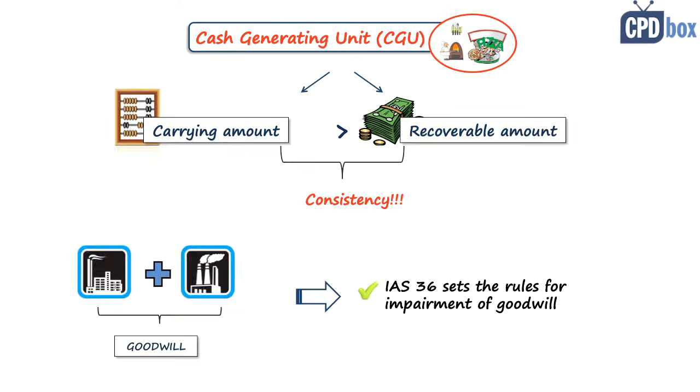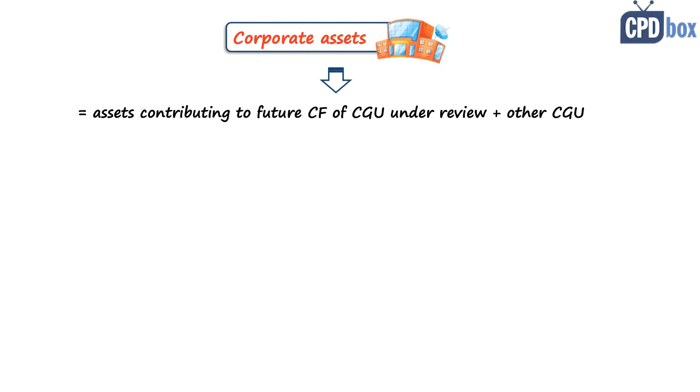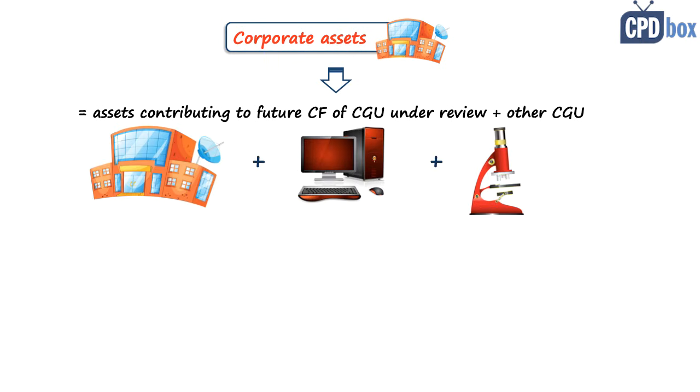And finally, IAS 36 also deals with so-called corporate assets. And those are assets other than goodwill that contribute to the future cash flows of both the cash generating unit under review and other cash generating units. And typical examples of corporate assets are headquarters, administrative building, or research center.